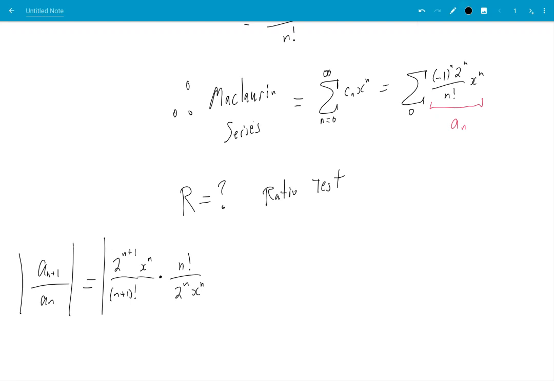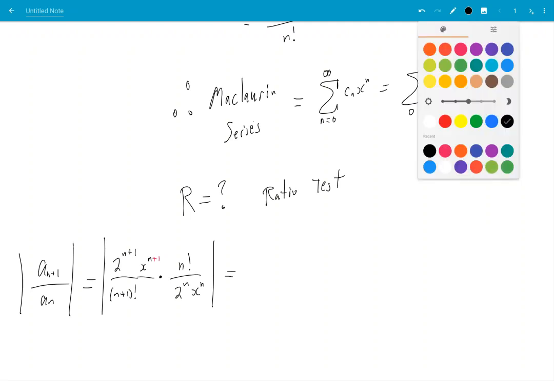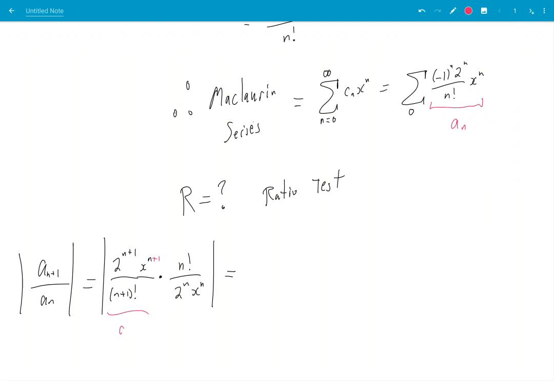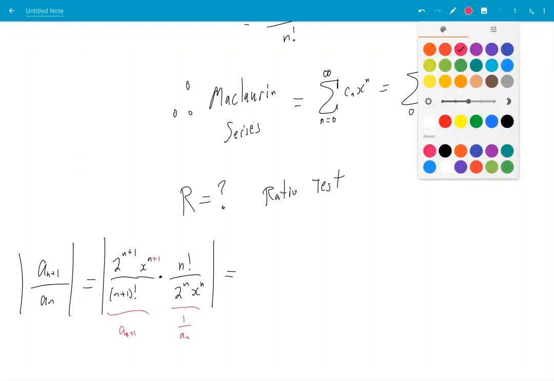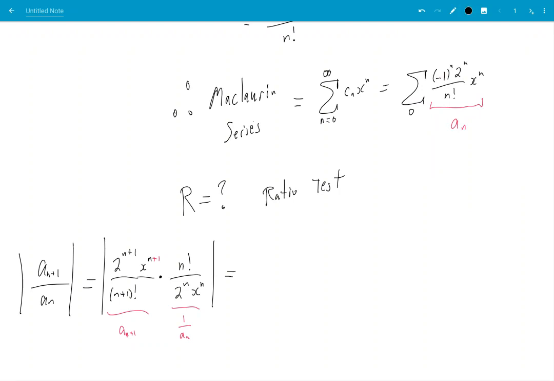oops, show my plus 1 here. Plus 1. Okay, I dropped the alternating factor because of the absolute value. So this is an plus 1, and this is 1 over an. So moving on, what survives?